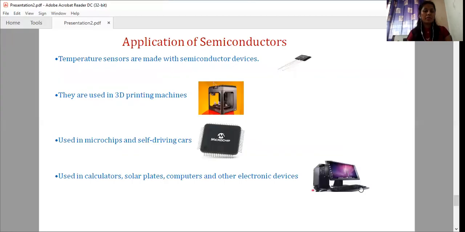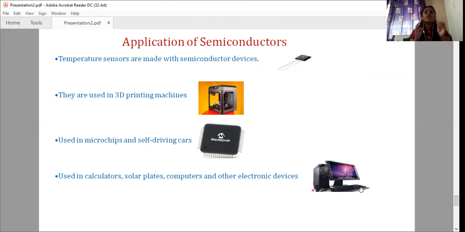Last but not least, a very important day-to-day application of semiconductors is that temperature sensors are made from semiconductor devices. 3D printing machines, microchips, self-driving cars, calculators, computers, and electronic devices all use them.